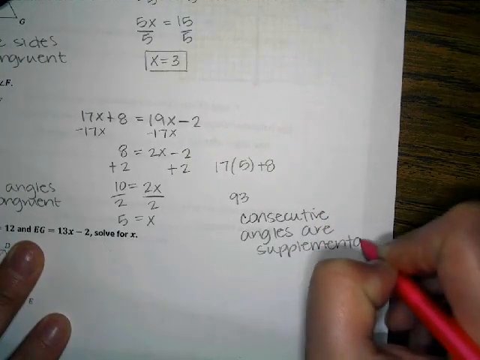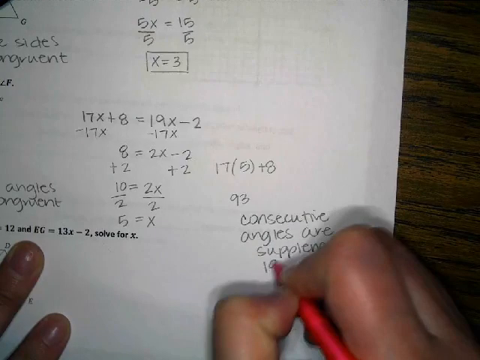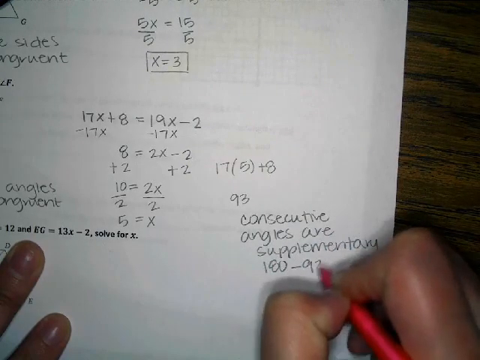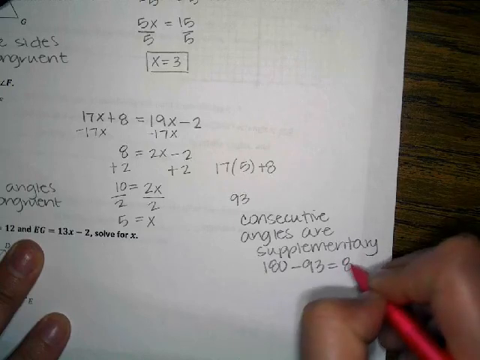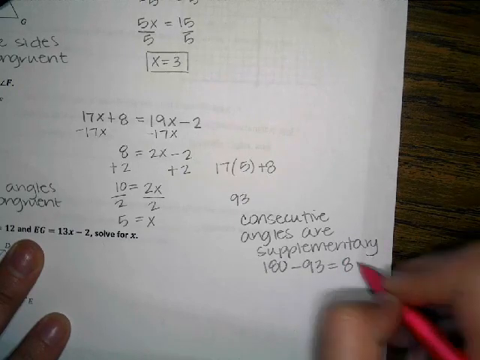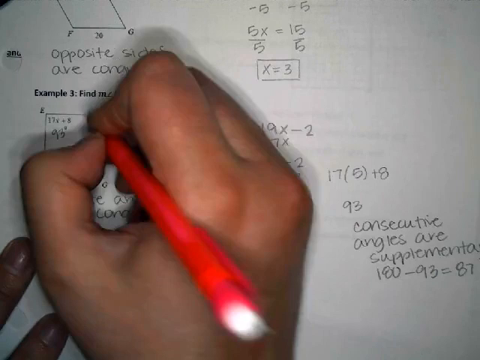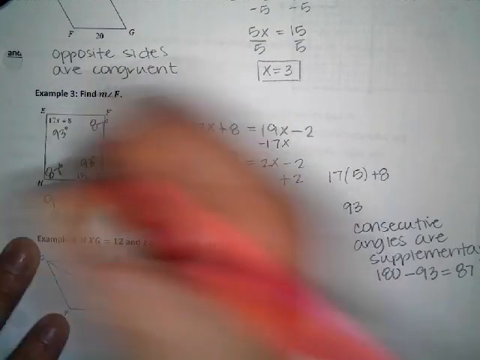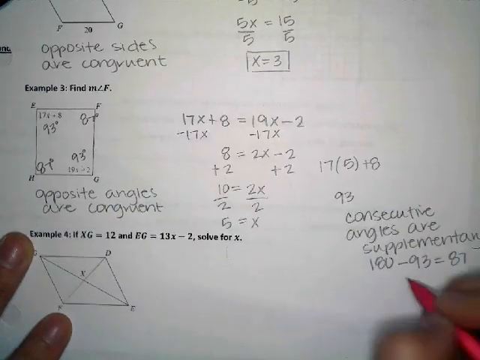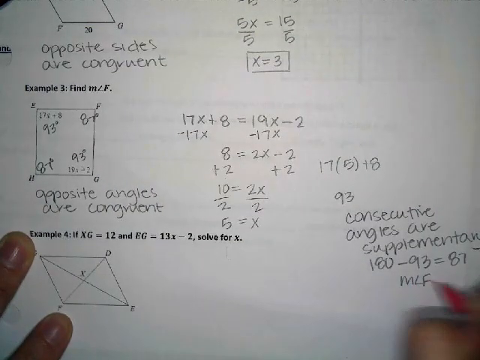So 180 minus 93 is 87. Okay. So 87 is what the other angles are. So the measure of angle F is 87 degrees.